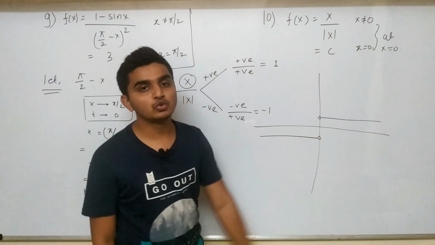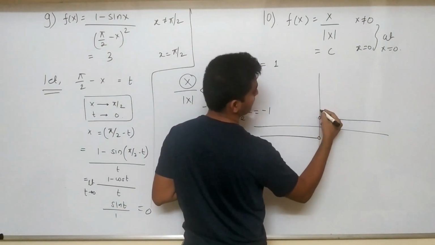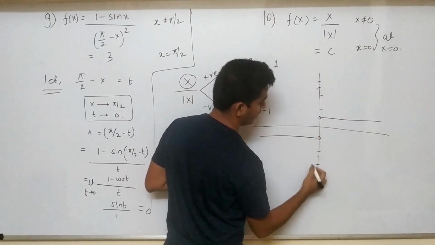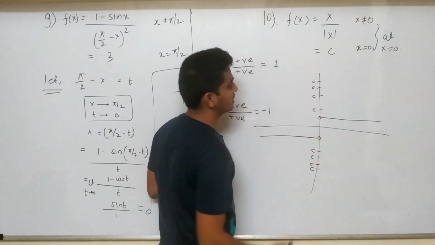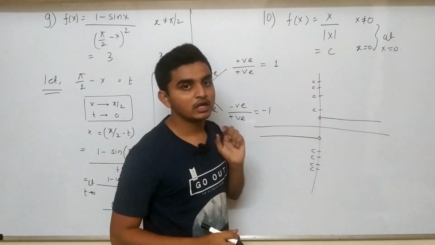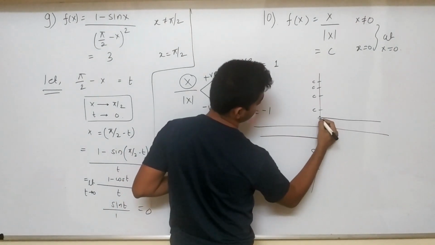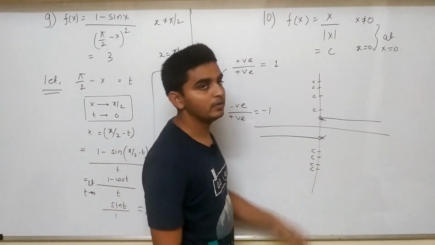That it is equal to c. So c can be anywhere on the number line of y. So you can see that there is no actually continuous function going on over here. It is continuous at these two parts and also at the c point.